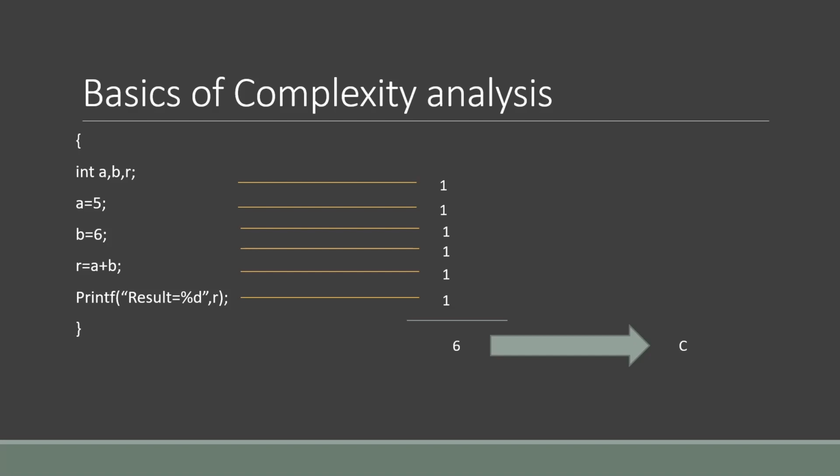So we do not have a variable time complexity. We have constant time complexity, which is represented by C. This constant time complexity is represented by order of 1. The order is represented by a capital O, with the time complexity within brackets. So the time complexity for this particular program is O(1).